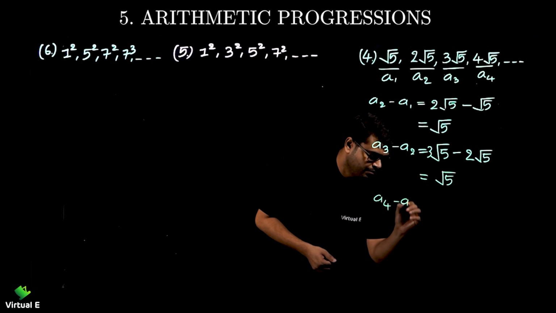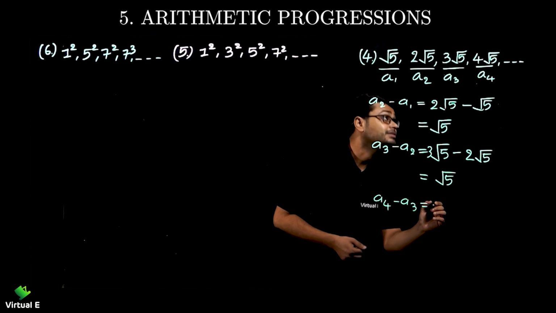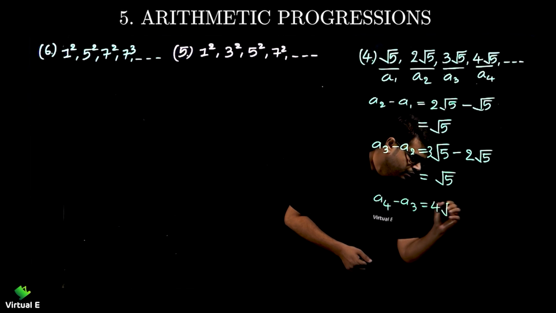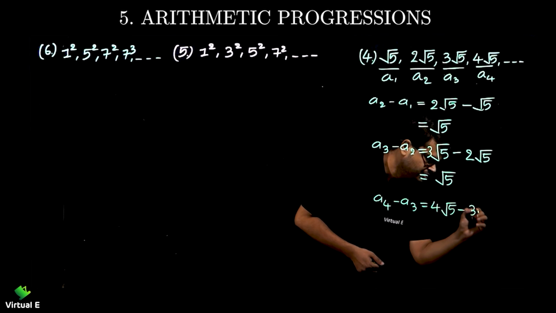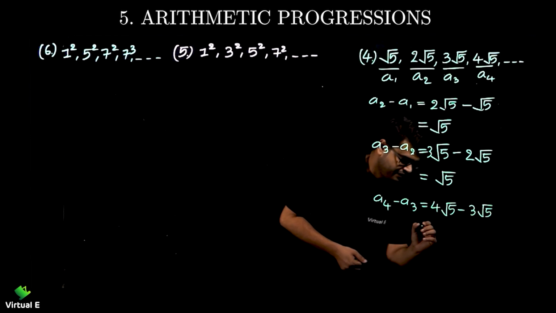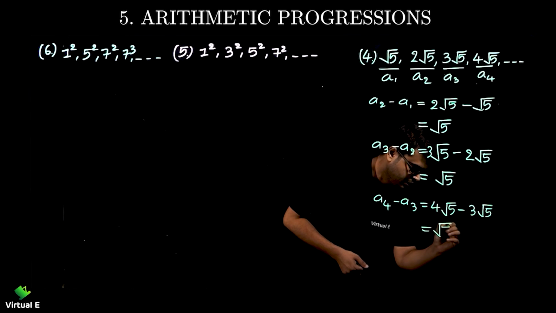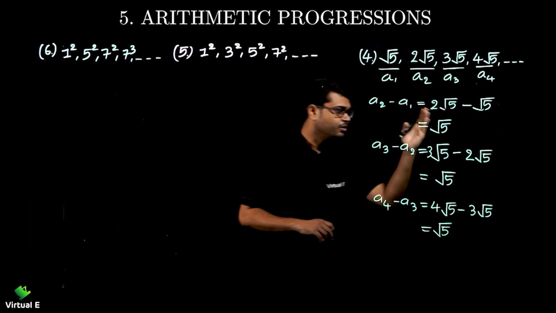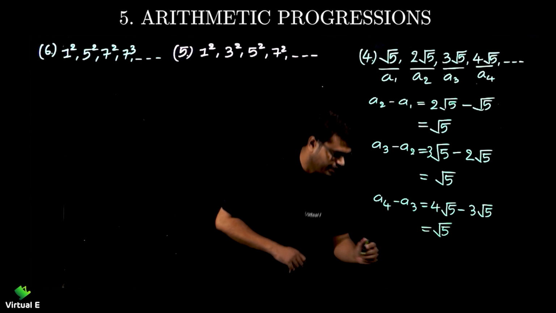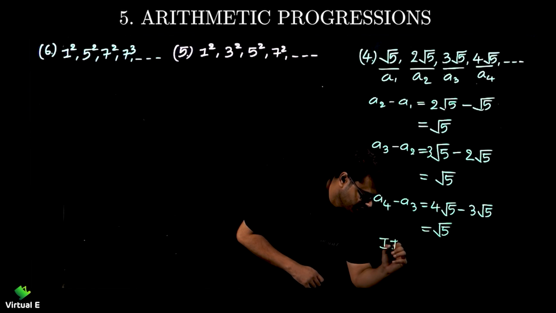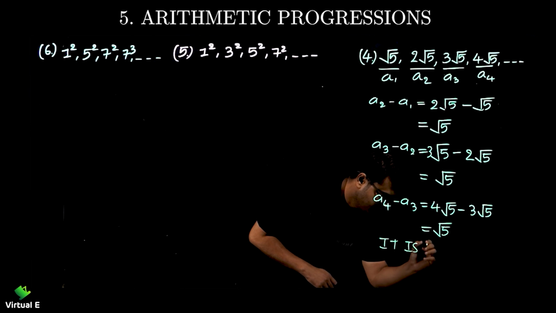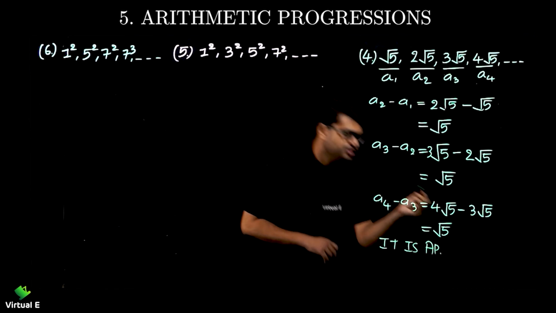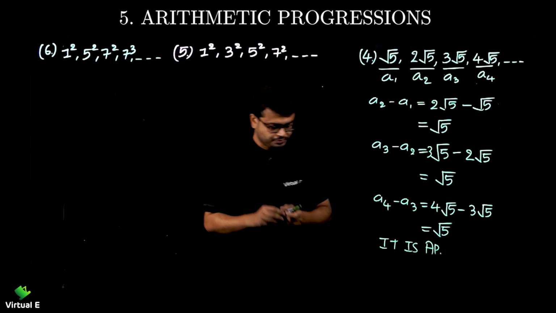So A4 minus A3, that is 4 root 5 minus 3 root 5. Here also again root 5. See, we are getting the same difference, right? Root 5 and root 5. So what can we write? It is AP. Simple, right? Very easy to do.